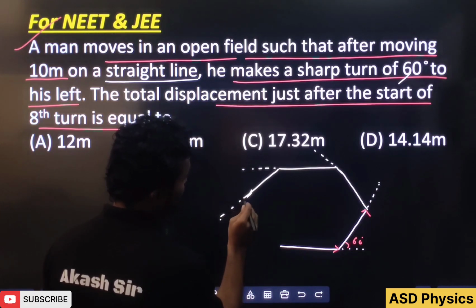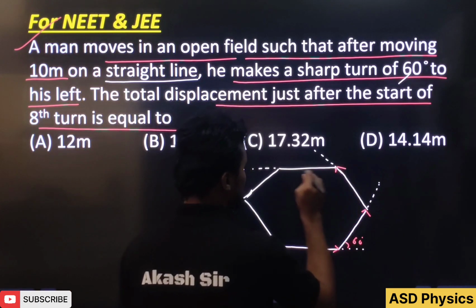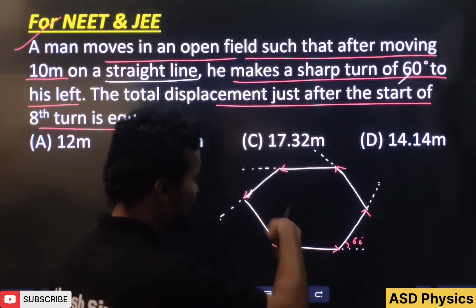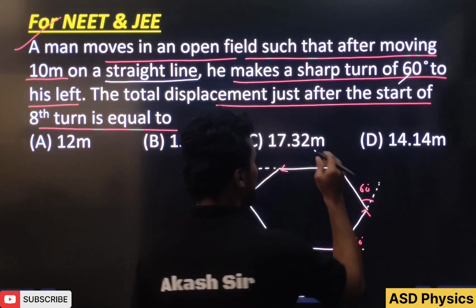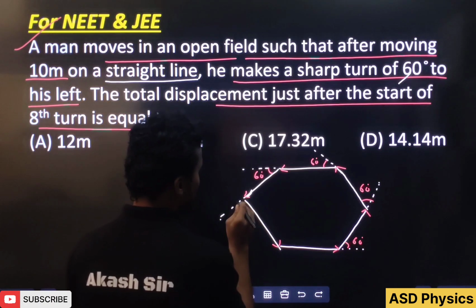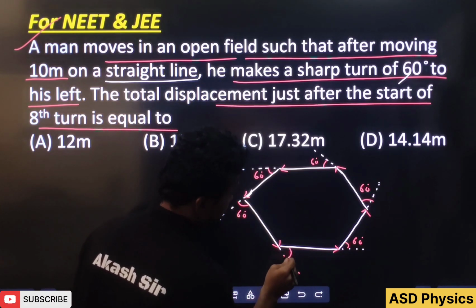And he is going here, that means again a 60 degree turn is there. Now more or less the diagram will look like this. Regular hexagon will come, but here I am drawing manually, so it is not looking that perfect. So here 60, here also 60. Okay students, see here also a 60 turn is there, and here also 60. And when he is going like this, here also 60.